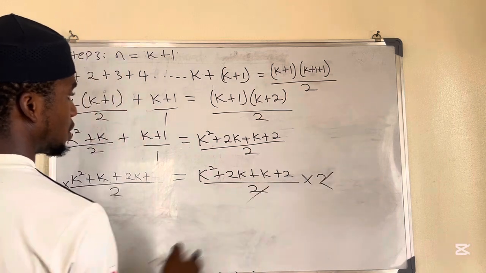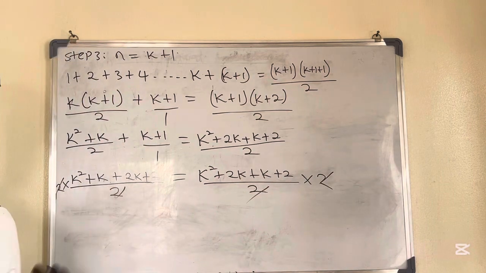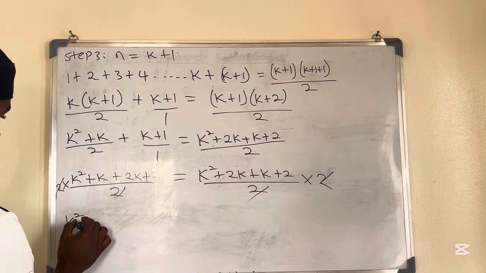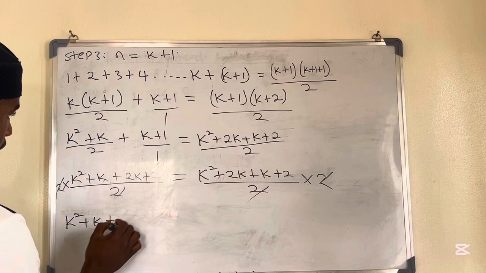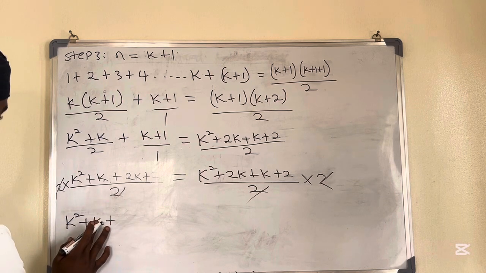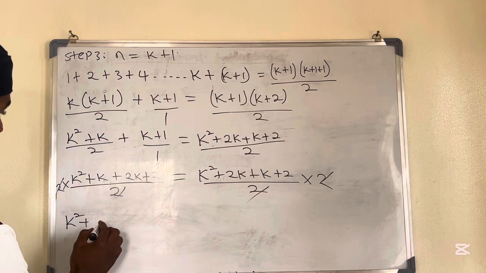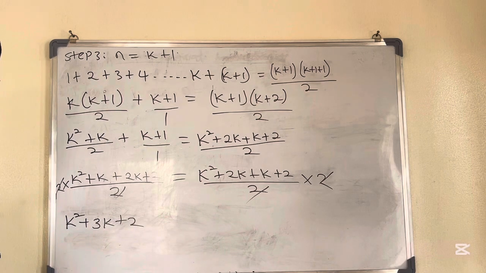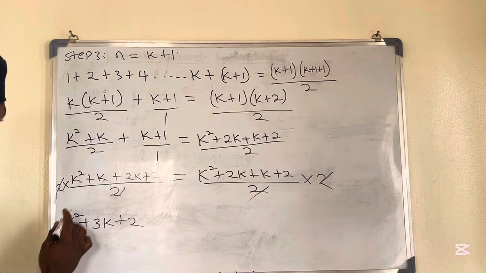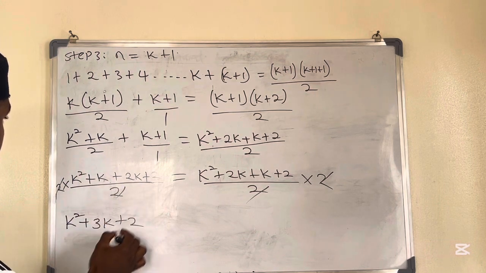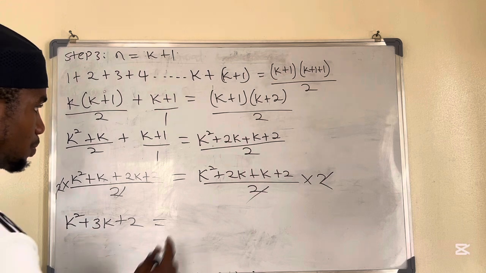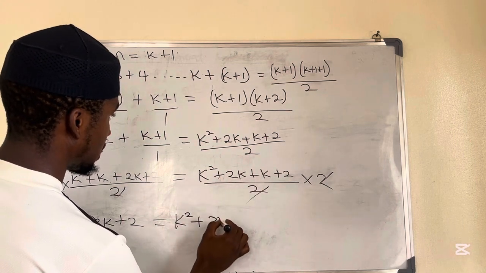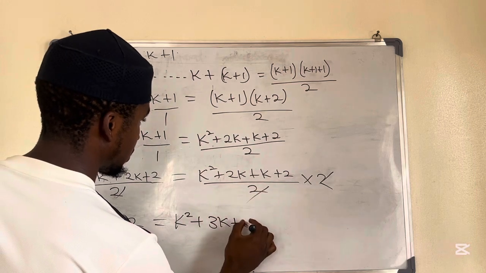So this 2 will cancel this, then this 2 will cancel this, then we're left with k squared plus, instead of writing k plus 2k, we have 3k plus 2. Is that correct? k plus 2k, we have 3k plus 2. Yes, that's correct. Equal to k squared, then 2k plus k, we have plus 3k, then plus 2.